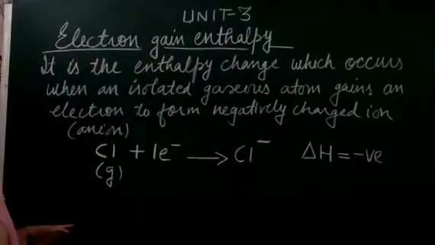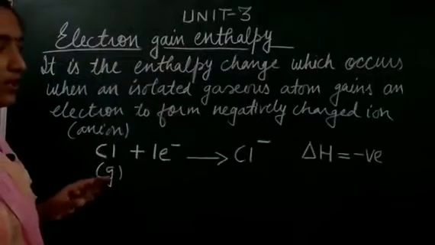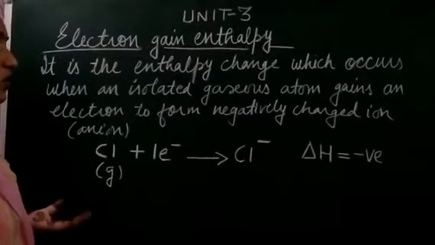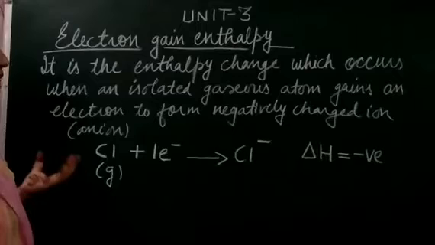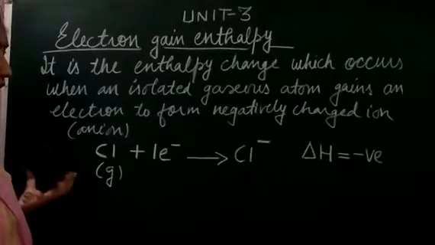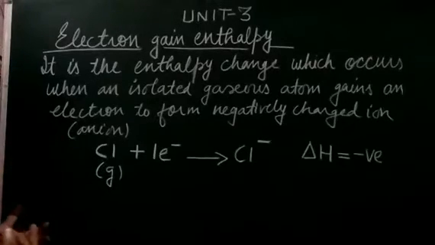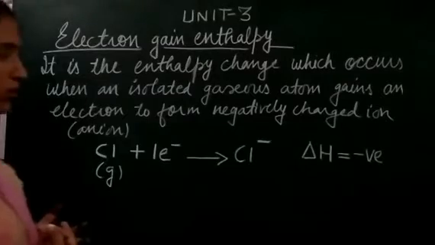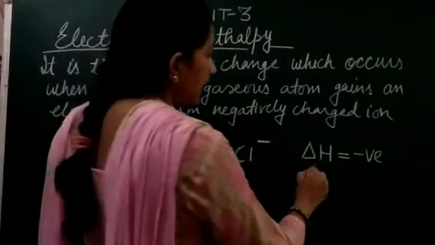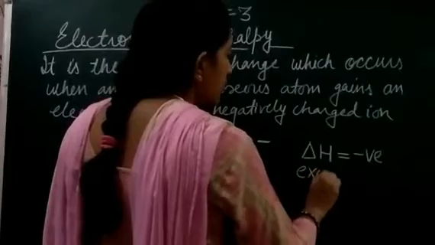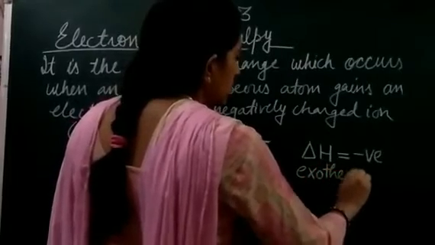Now it is not so that every time it is going to be negative, right? Whenever an electron is added to a gaseous atom, the process can be either exothermic or endothermic. So students, in this case, it is exothermic.